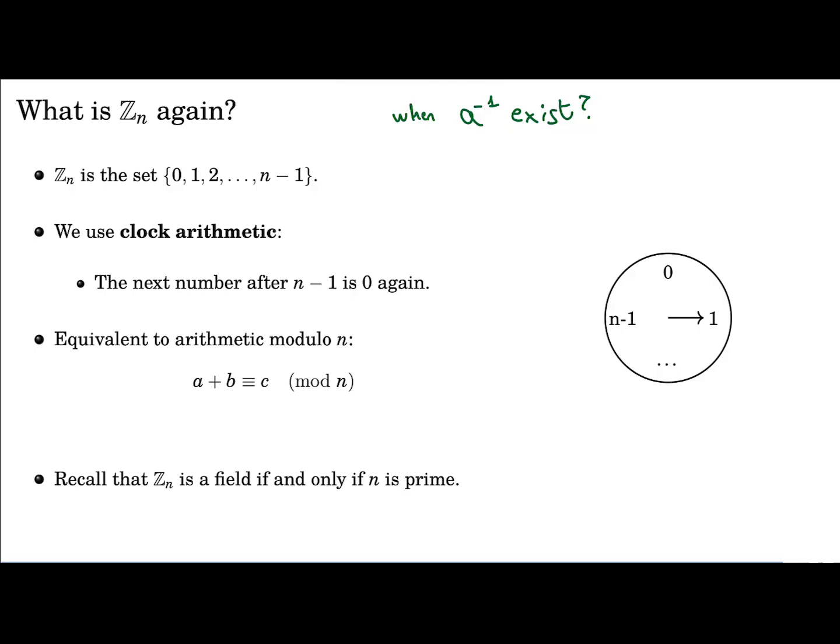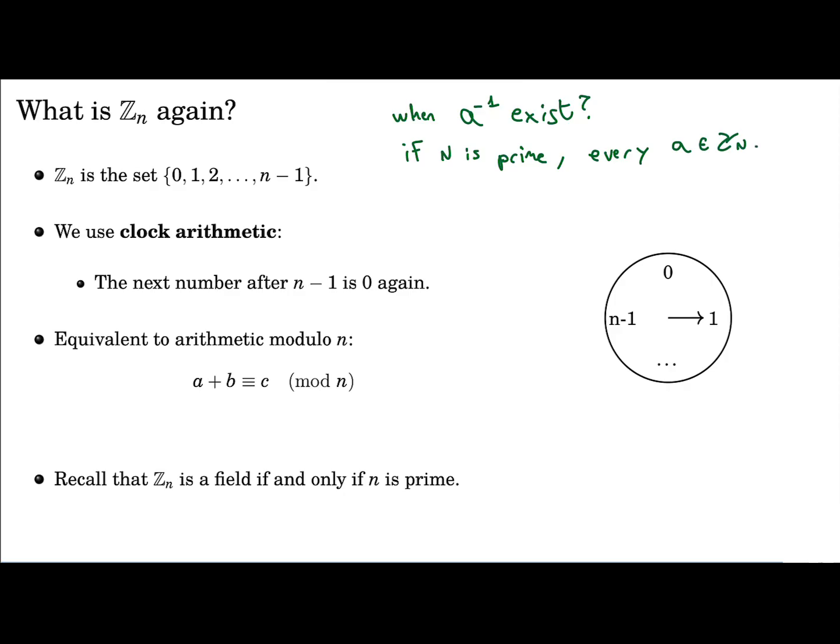Now, if you choose a number n to be prime, then every a in Z_n is going to be coprime with n because n is prime. And so every element will have an inverse.